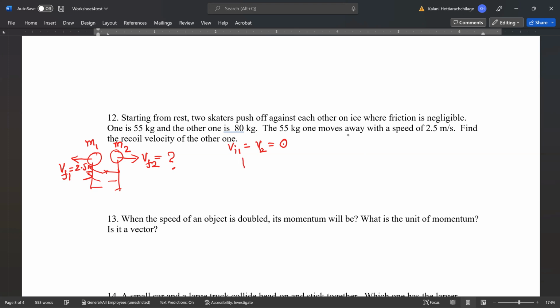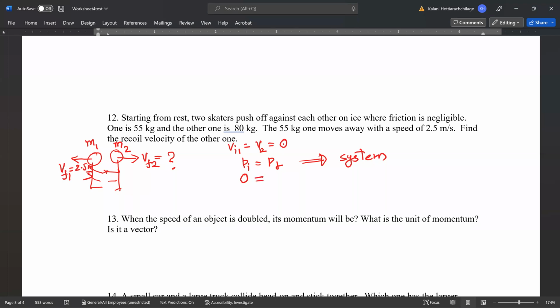So now we're going to write initial momentum equals final momentum. Initial momentum we write for the system. This equation we write for the system, that means both people in this case. Initial momentum will be equal to 0 for both, because momentum is mass times initial velocity, and that will be 0 for both of them since I have 0 in there.